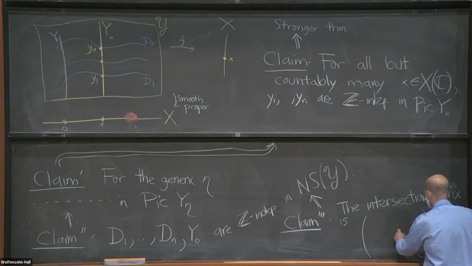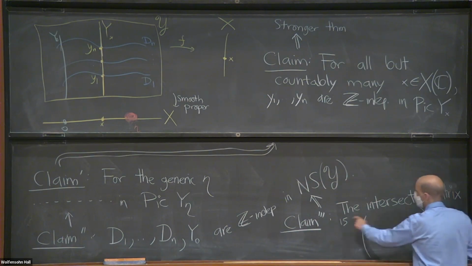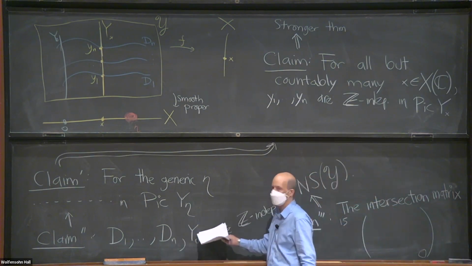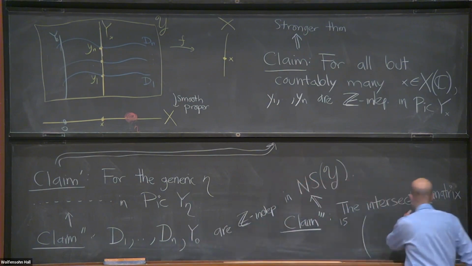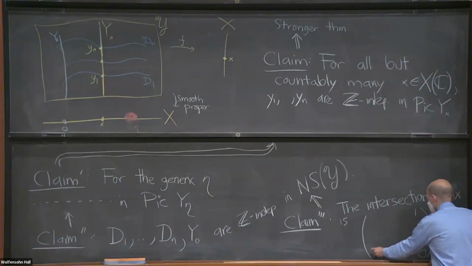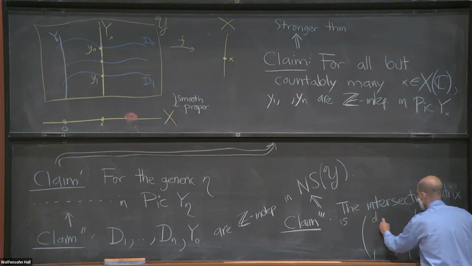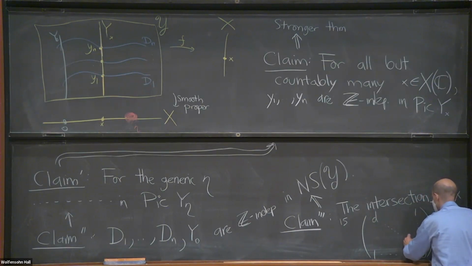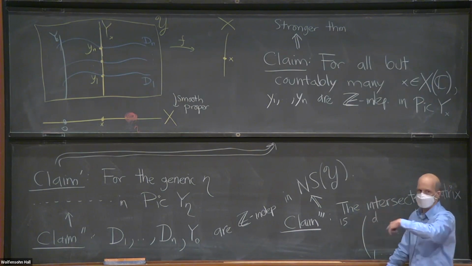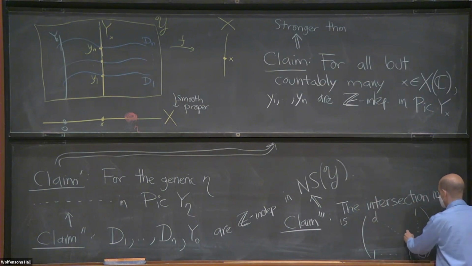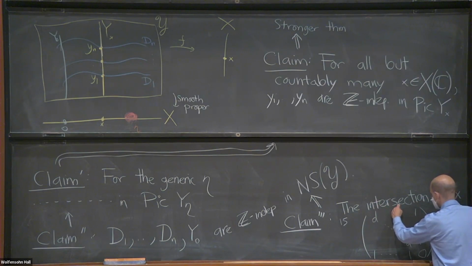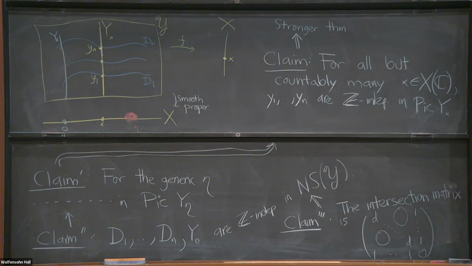There are some numbers along the diagonal, but each of these D's intersects the fiber in 1, so there are going to be ones along here and along here. There's some number, which we don't know yet, but it's going to be the same for all the D's because the Galois group permutes them. So there's a diagonal matrix here, and all zeros up here, all zeros here. And so it's a matrix that looks like that.